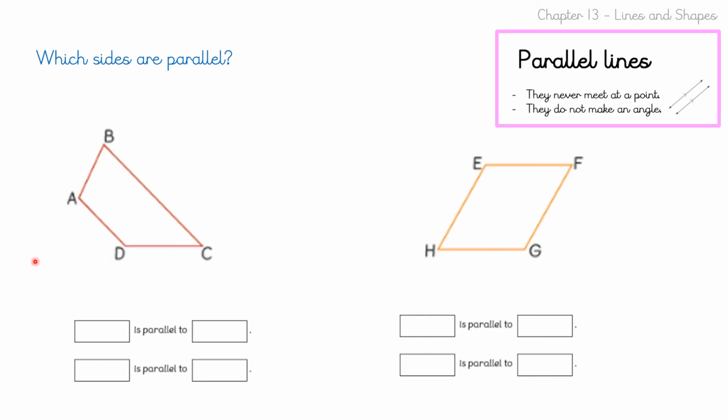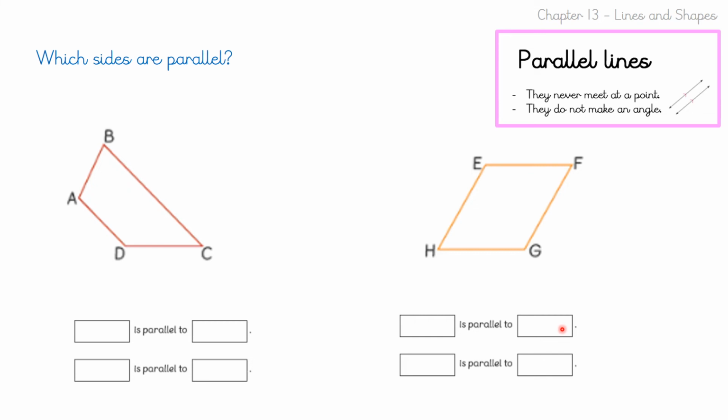These two lines will never meet at a point, so we could say that EF is parallel to GH, because they will never meet at a point and they will not make an angle.